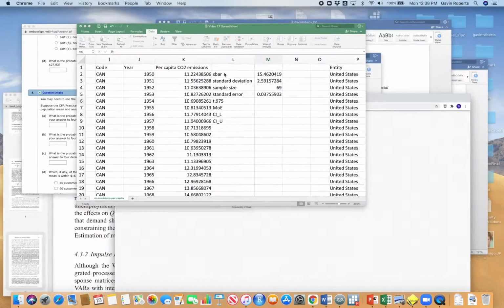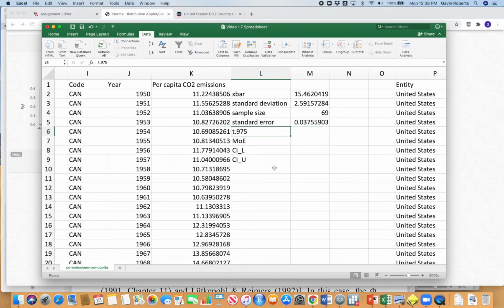That is why I label these numbers t 0.975, 97.5% to the left of the t value that I'm going to feed you. So we have to use a t distribution here because we estimated the standard deviation using the sample standard deviation. So to do this, we use equals T.INV.